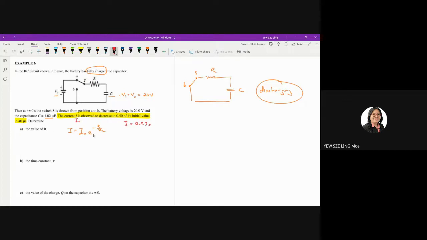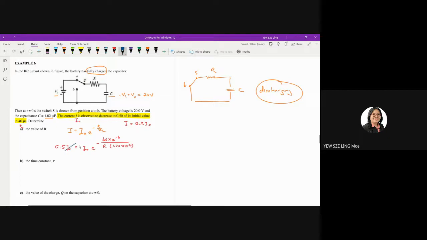So I equals I naught exponential negative t over RC. I given 0.5 I naught equals I naught exponential negative. Now time given, okay, so it's being discharged for 40 microseconds. So this 40 microsecond is my t, 40 times 10 to the power of negative 6 divided by R, which is the unknown, and then C given 1.02 times 10 to the power of negative 6.